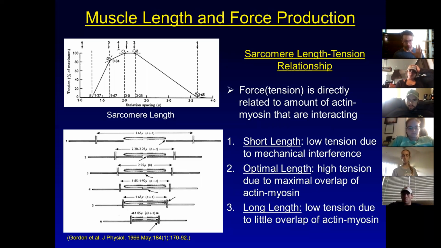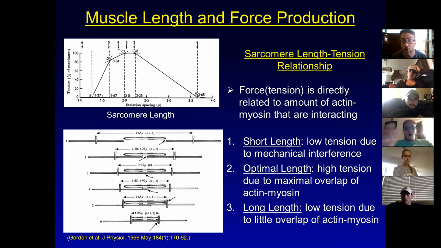Okay? What you are seeing here in this graph is something called the muscle length and force production relationship. And what it really is, is something called the sarcomere length tension relationship.